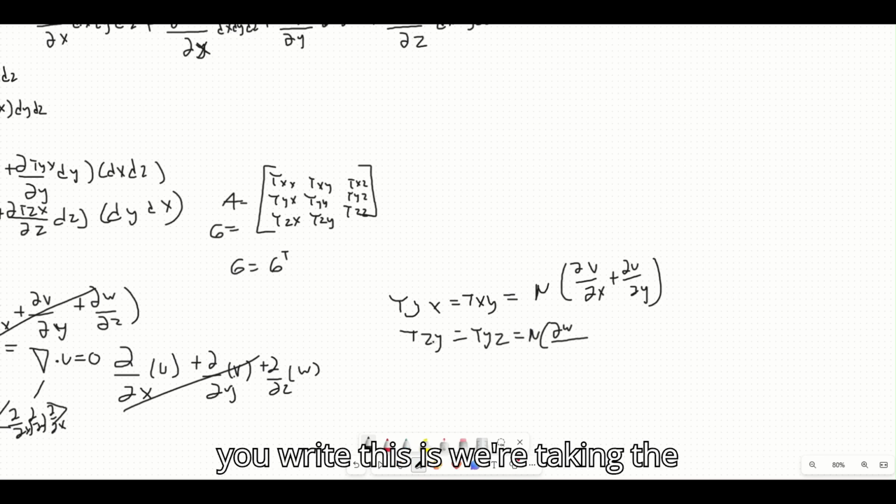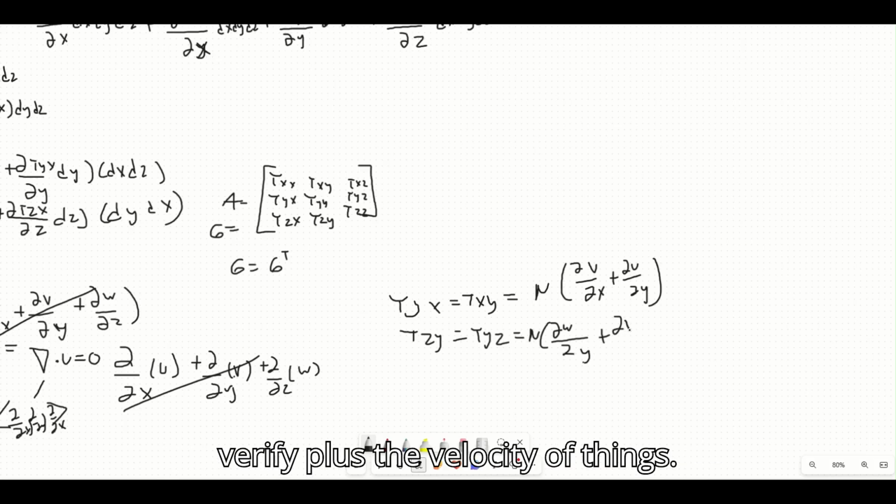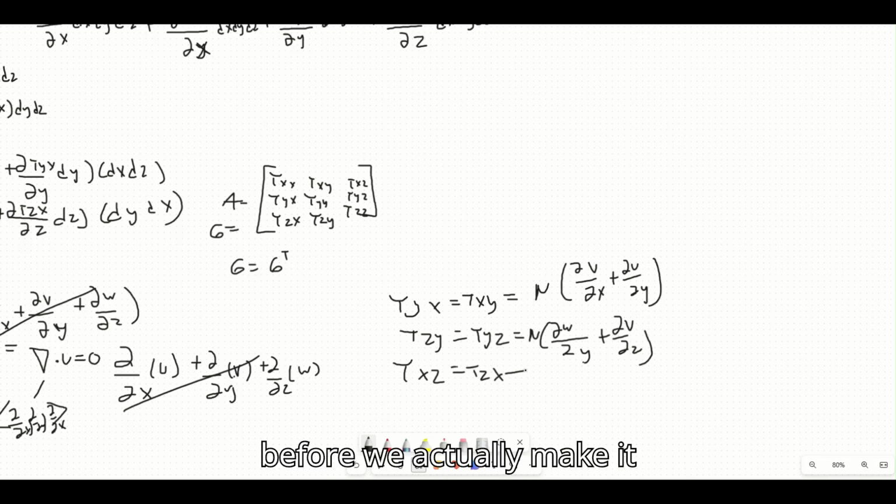An easy way to help you memorize this is we're taking the velocity in the z direction over y plus the velocity in the y direction over z. The last one is going to be zx, which is equal to xz, which is equal to mu.